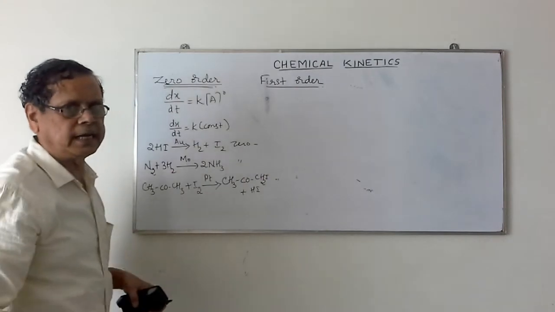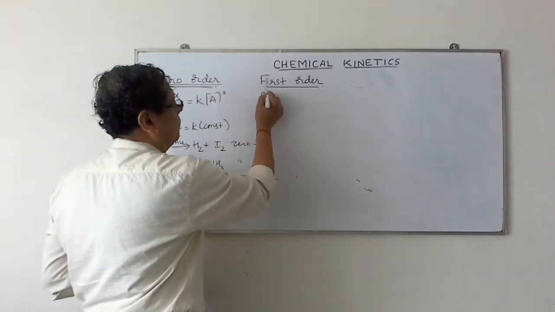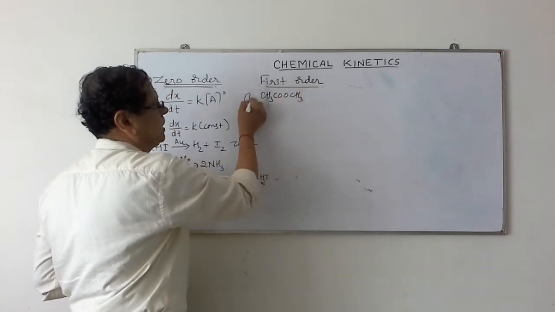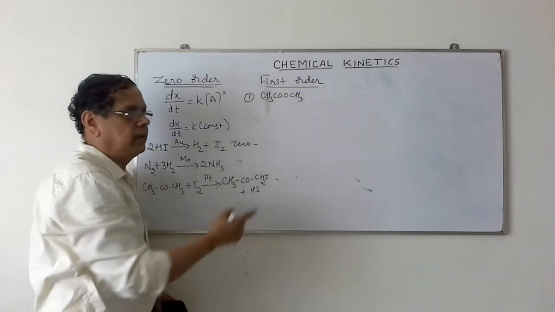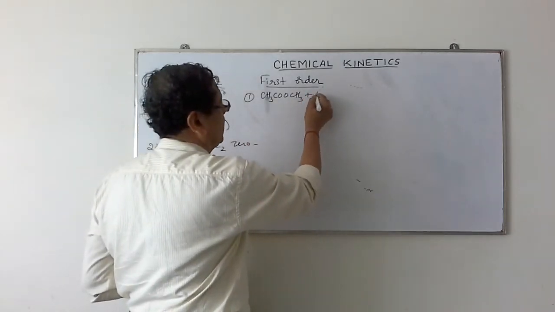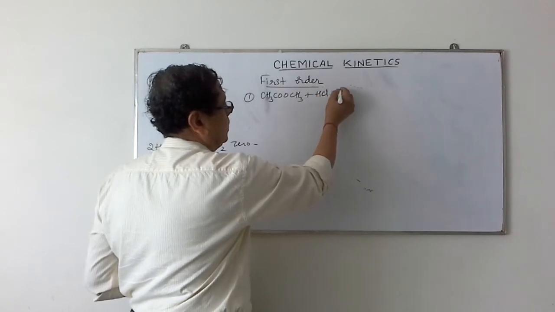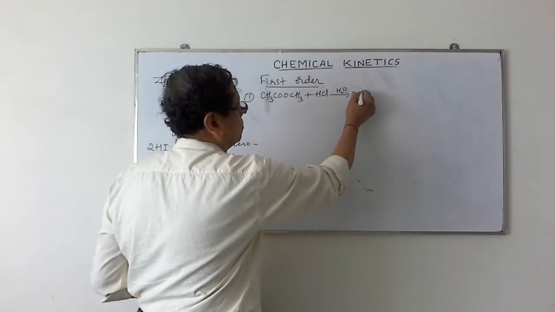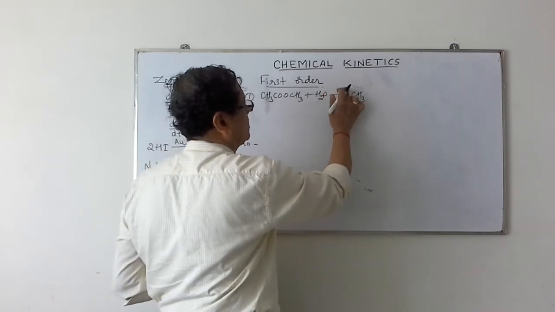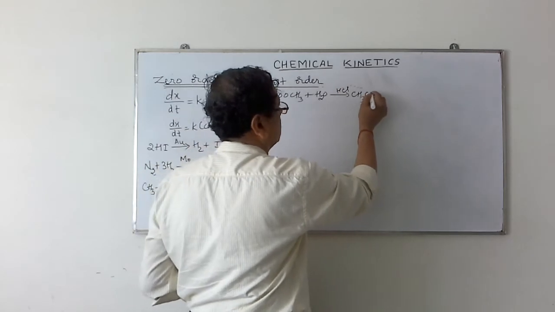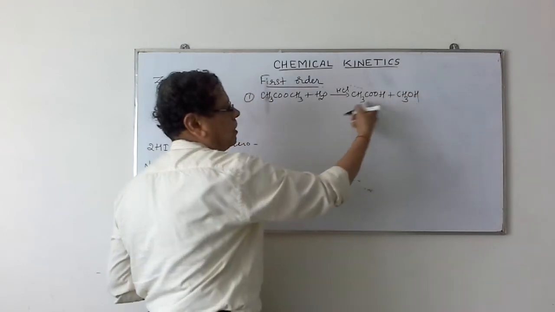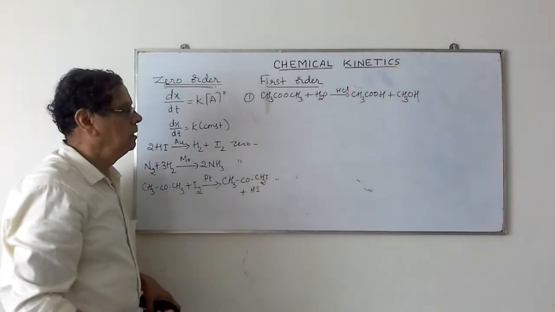In case of the first order reaction, when you take CH3COOCH3, this is methyl acetate. In the IUPAC system, we call it methyl ethanoate. When this is treated with an acid like HCl in the aqueous medium, it reacts with water in presence of HCl to give rise to CH3COOH plus CH3OH, methanol and acetic acid, ethanoic acid.